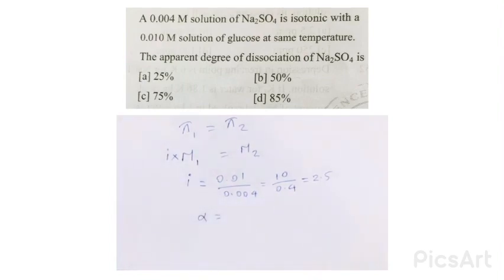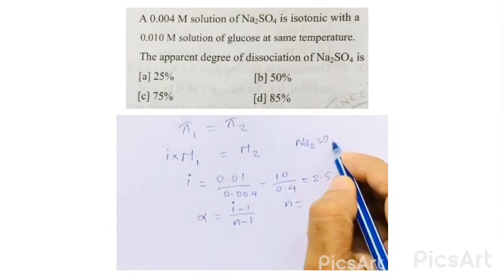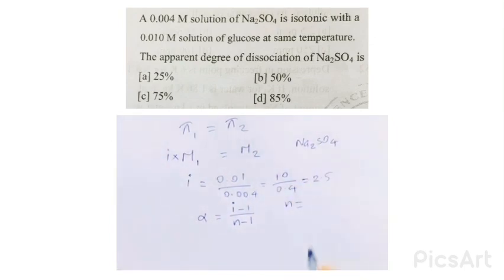We can calculate alpha from the equation i minus 1 by n minus 1. What is n here? Na2SO4 dissociates to 3 ions, so n equals 3. i is 2.5.